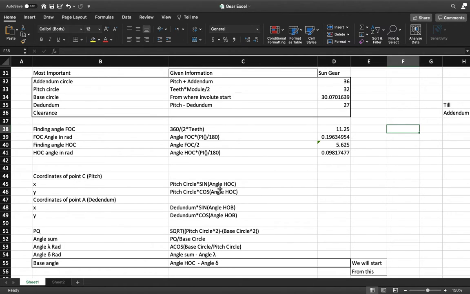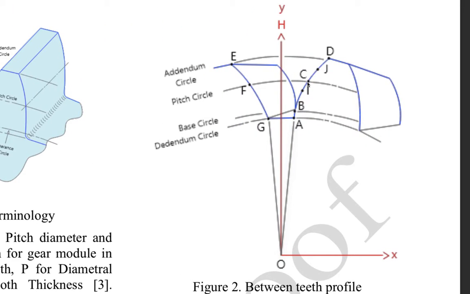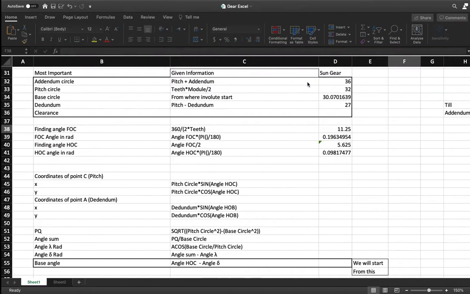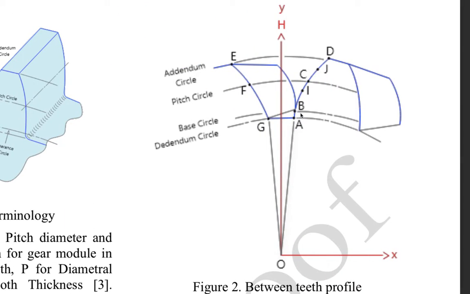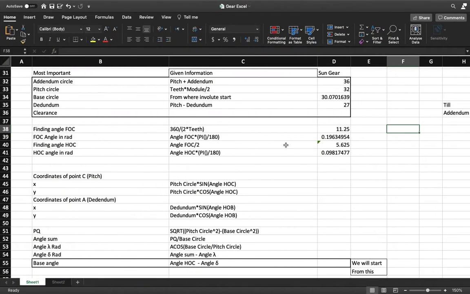Now, the coordinates of the point C, which is right here. It's important. Why? Because we will begin from the base and reach the addendum, and the pitch circle is in the middle, so we use it just to check our formation.